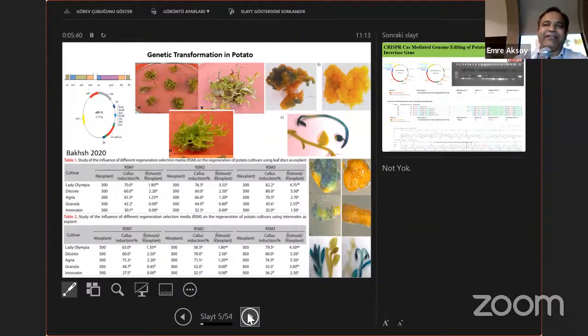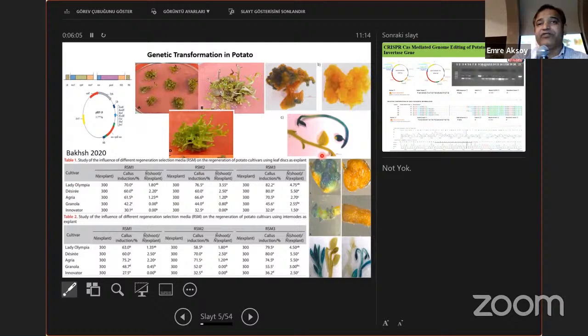So we developed a transformation system using a reporter gene, the GUS gene, interrupted by an intronic sequence, and we transformed with Agrobacterium. We used a combination of different plant growth regulators, and we were able to establish a good transformation protocol for potato.